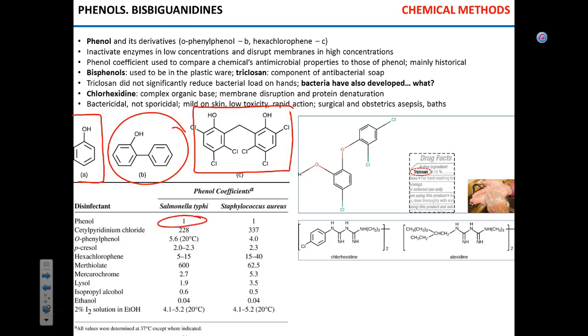So, say, phenol activity against Salmonella typhi is 1. Activity of Lysol against Salmonella typhi is 1.9. Not great, really. Activity of cetylpyridinium chloride is 228, so it's 228 times more efficient than phenol. Does that make sense? The phenol coefficient idea.